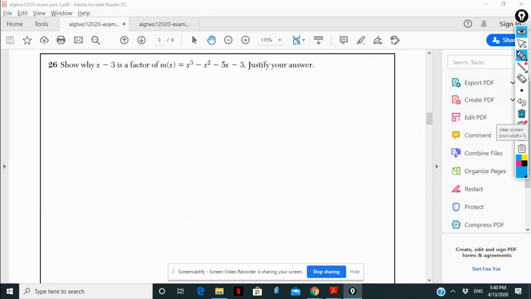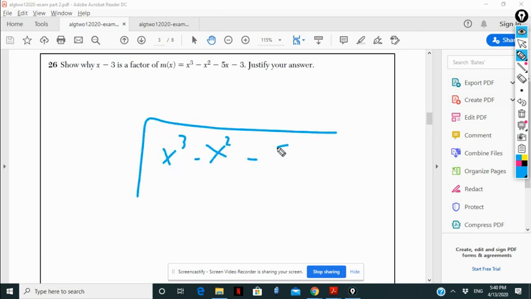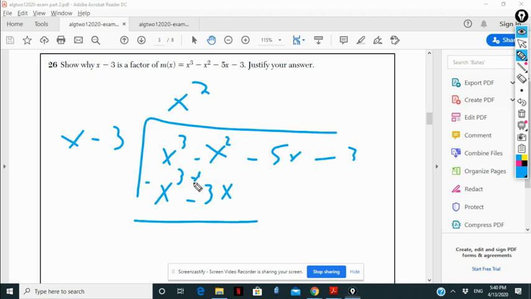Another one, I can use long division. So here, x cubed minus x squared minus 5x minus 3 divided by x minus 3. So x cubed divided by x, that's x squared. Going backward, x cubed minus 3x squared, switch the sign. Let's cancel out.